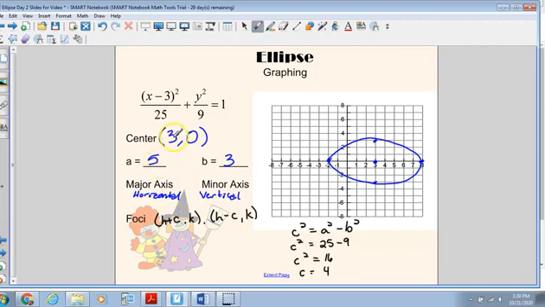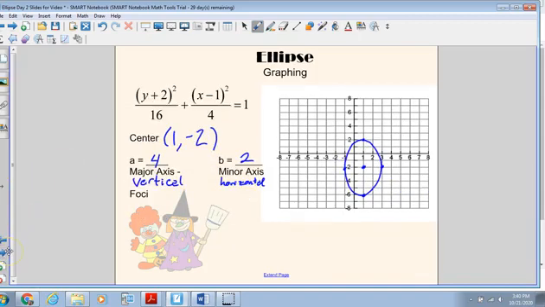So if our center is (3, 0), then 3 plus 4 would be 7, giving (7, 0), and 3 minus 4 would be negative 1, giving (negative 1, 0). And graphically, since c is 4, this is the distance from the center to the focus point. So from that center, it's going left 4 units right here and right 4 units here.